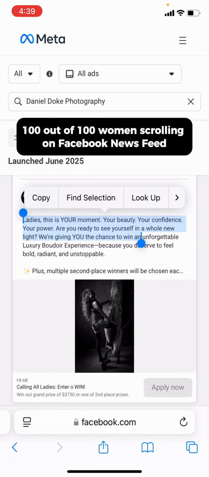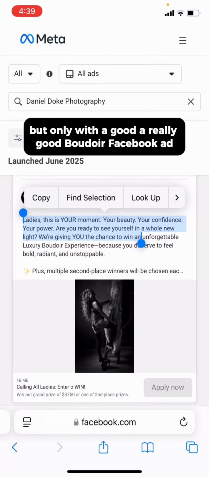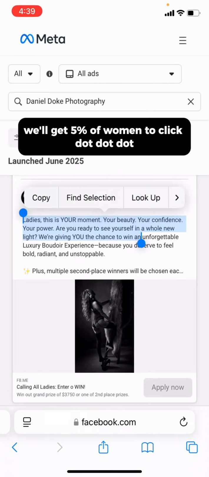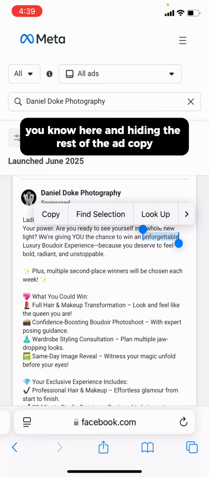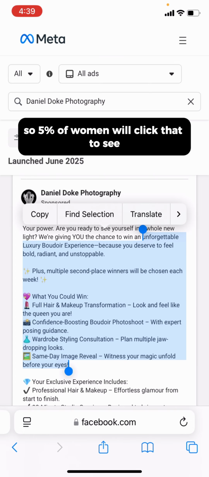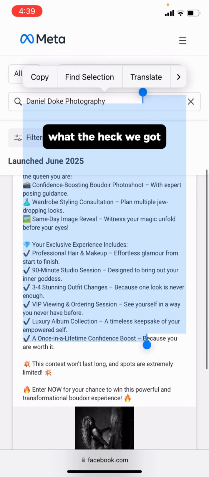Here's why. 100 out of 100 women scrolling on the Facebook newsfeed will see this, but only with a really good boudoir Facebook ad will we get 5% of women to click see more, which opens up the rest of the ad copy that is hidden. So at maximum, only 5% of women will actually see the rest of what we've got.